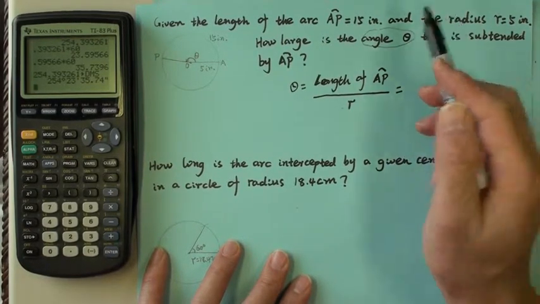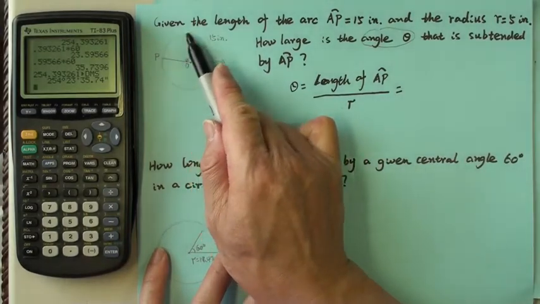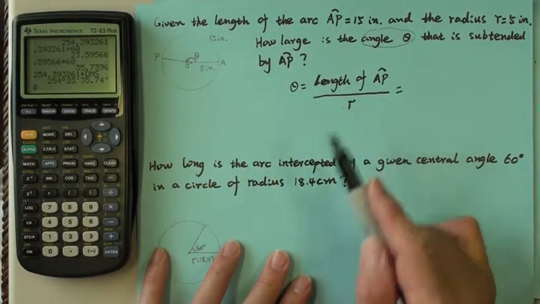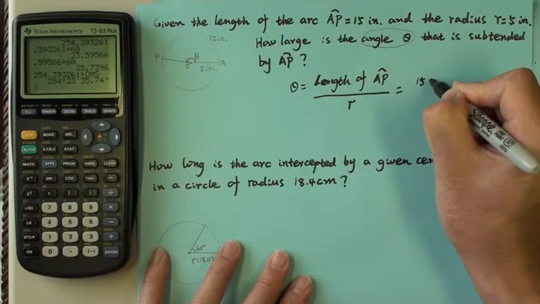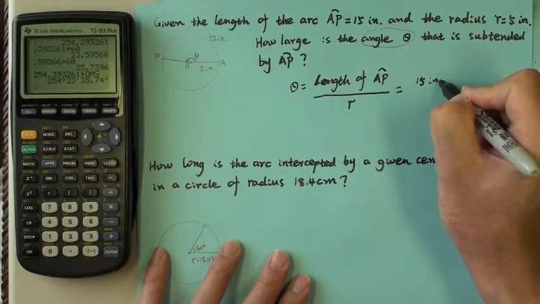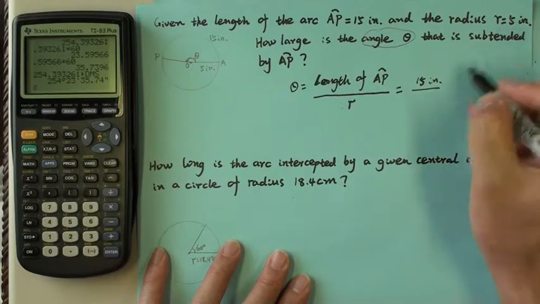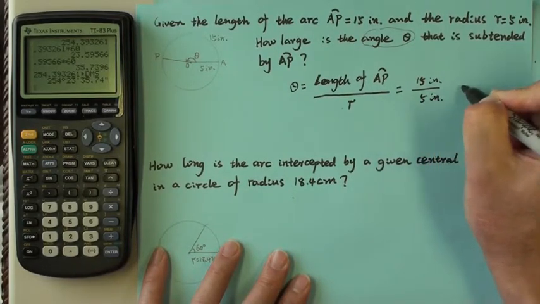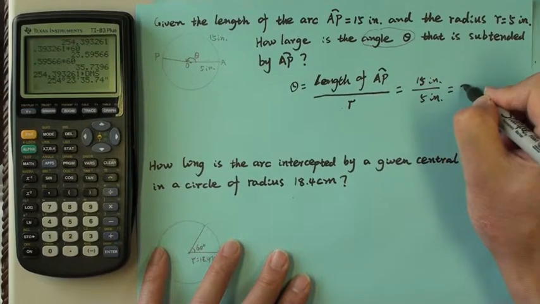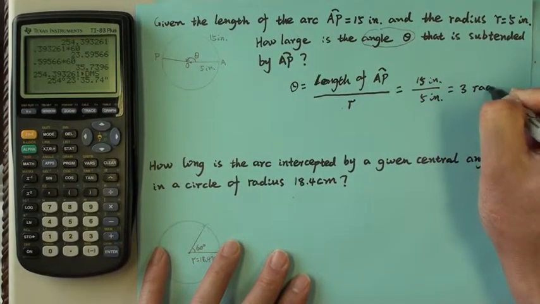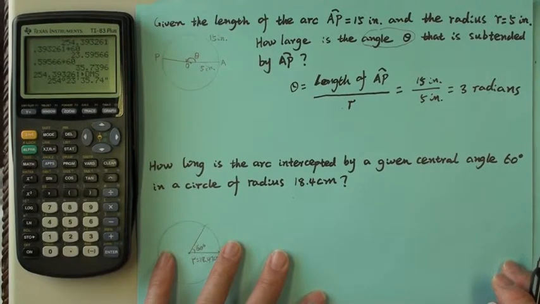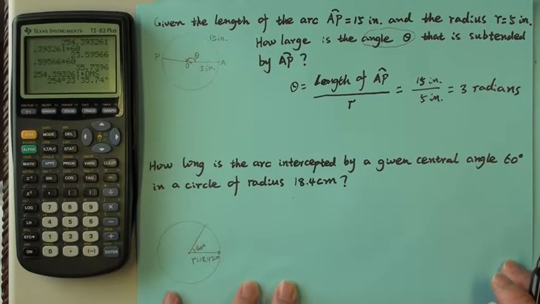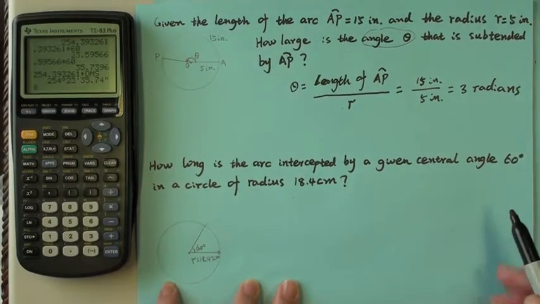Radian is the ratio of the arc to the radius. We know the length of the arc is given 15 inches, and the length of the radius is 5 inches. So 15 divided by 5 is 3, and you got 3 radians. Okay, so this one basically asks you to recall the concept.